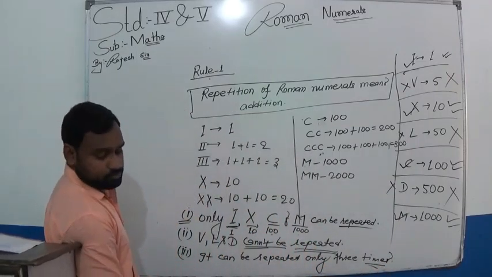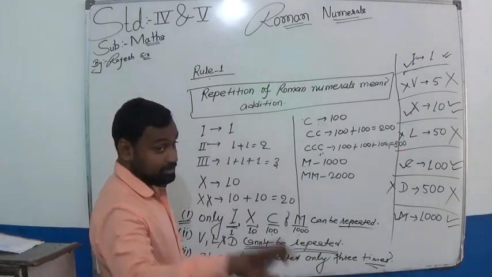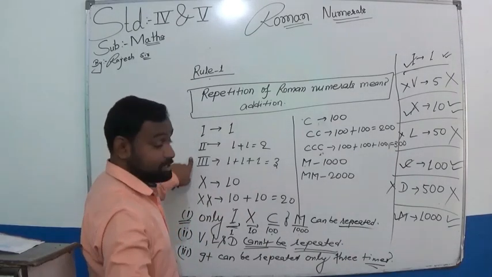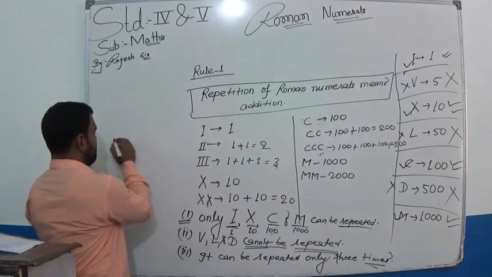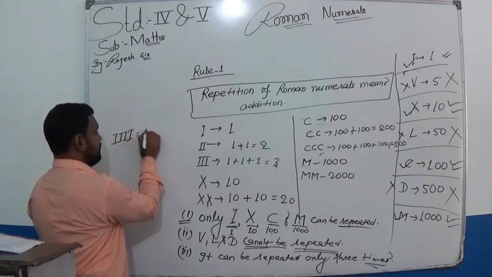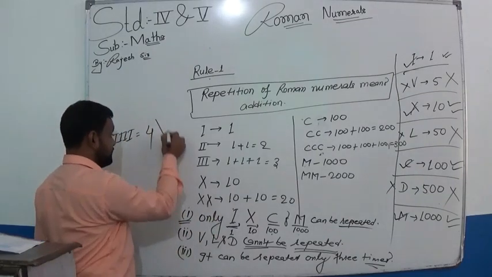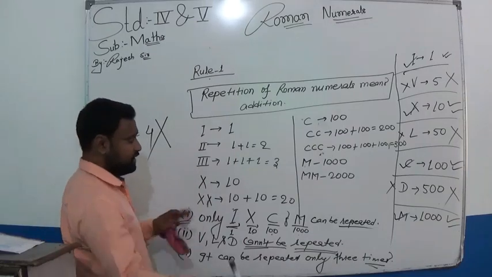It can be repeated only 3 times. That's why I have not written I, I, I, I for making 4. We can write it, but we will not. It's wrong. We can't write it.